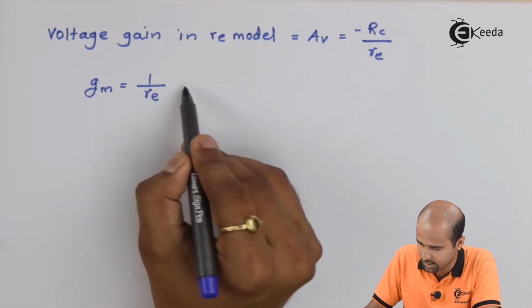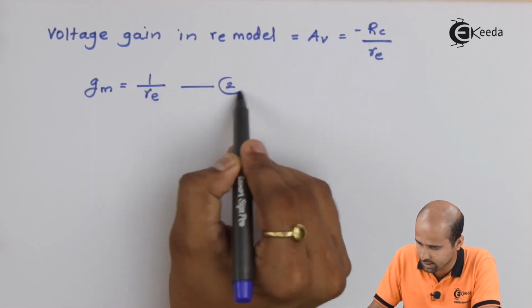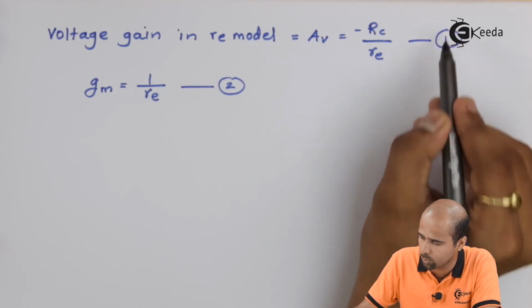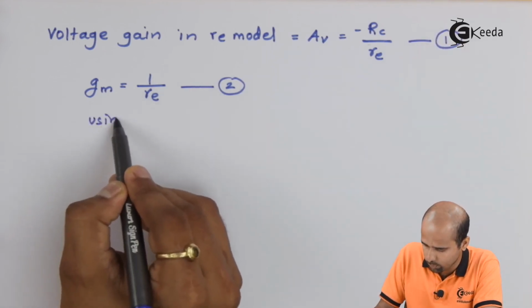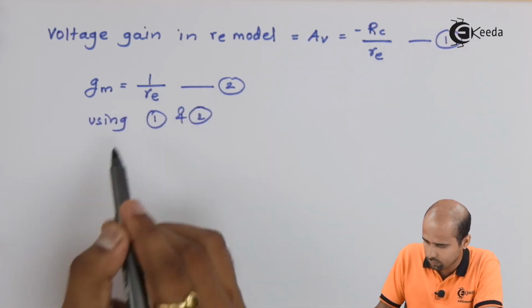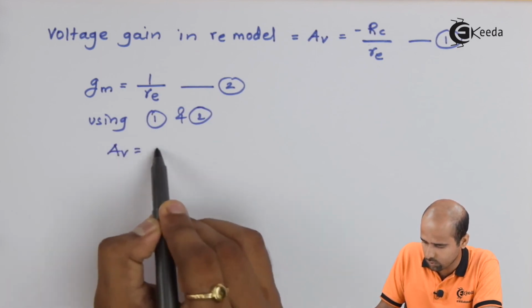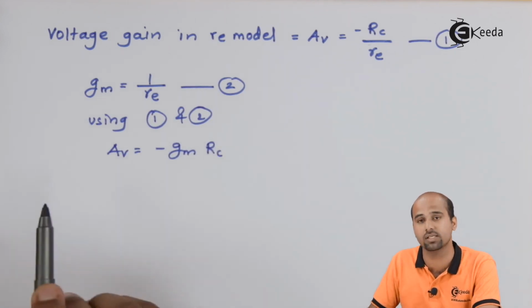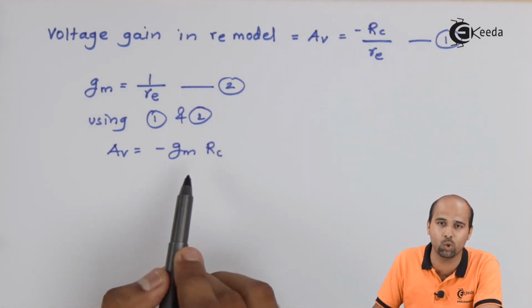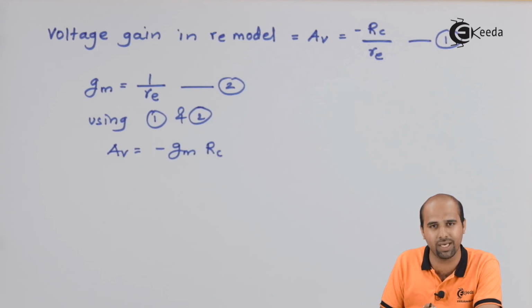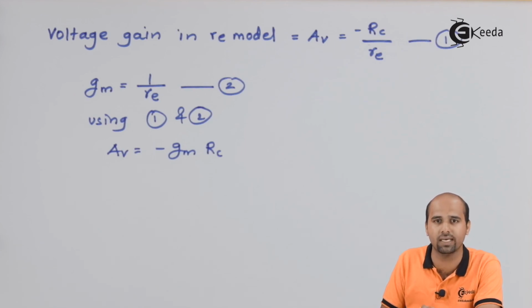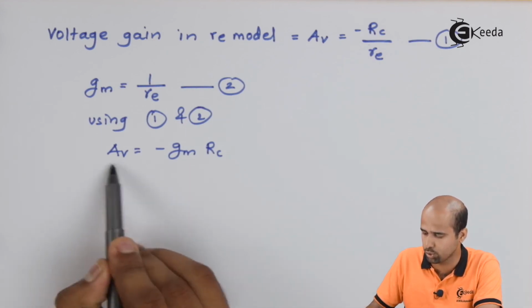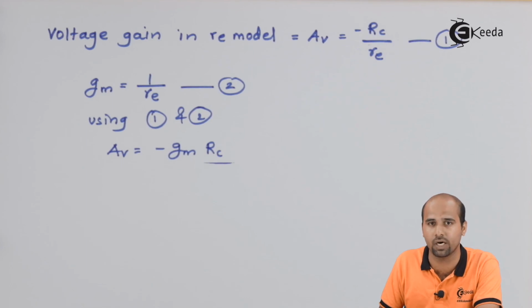So I can say, using equation number 1 and 2, we will be getting Av is equal to minus gm into Rc, and this is nothing but the voltage gain by using the r pi model. Same r pi model you use, and by getting the r pi model, you do the analysis using AC analysis and you will reach this particular formula without fail.